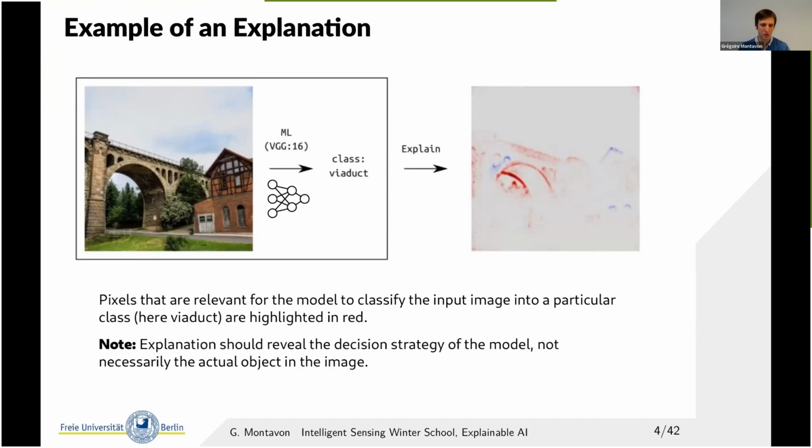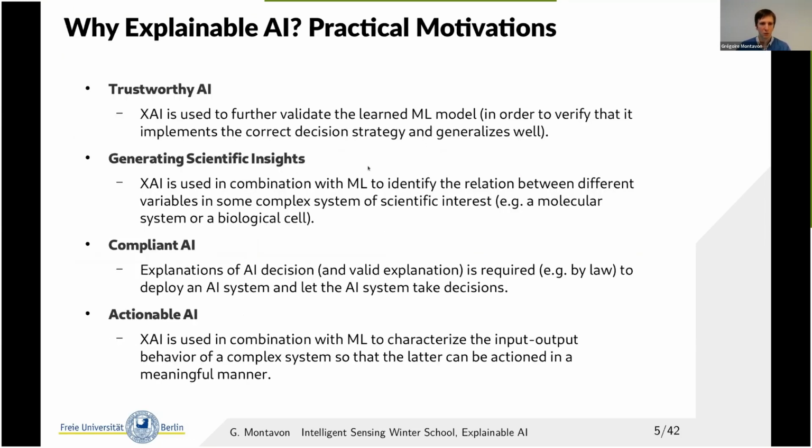What is the strategy for predicting this technical thing? And here, what XAI might do for us is to identify variables in the input domain, which actually are predictive of this concept that we don't really understand. And that can be, for example, some variables in some complex system, for example, a molecular system or some biological cell.